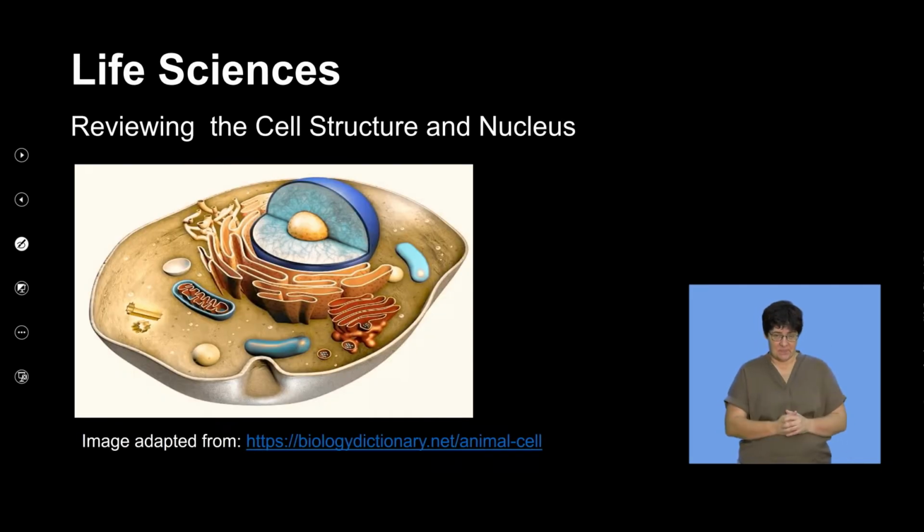So it's important that we review the cell structure just so that we have context to where we are. In grade 10, we spent some time looking at the cell, and it's important that we understand that the nucleus is an organelle, a part of the cell that actually controls how the cell functions. So again, the nucleus is part of that cell, which controls how it functions.